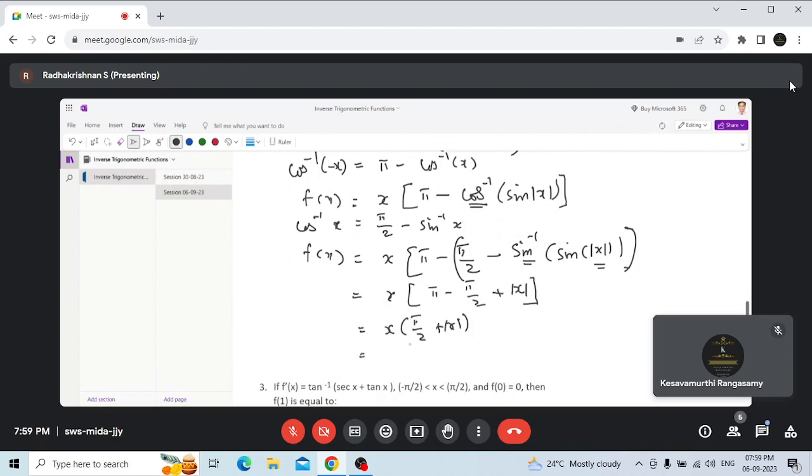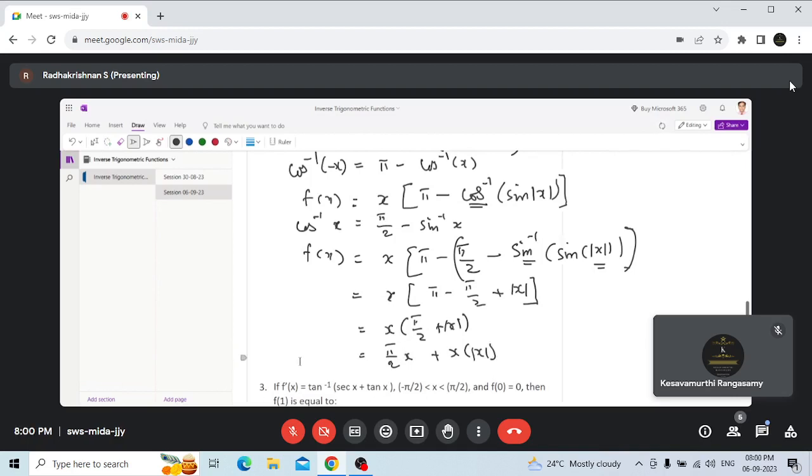So we can write it as two terms, pi by 2 x plus x into x bar.